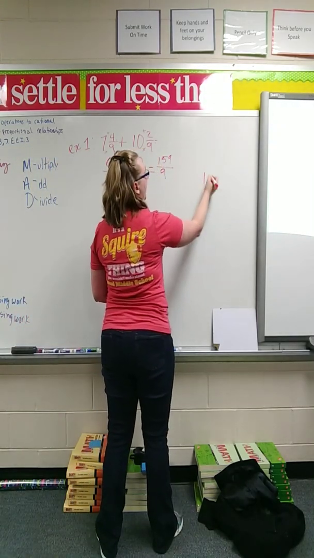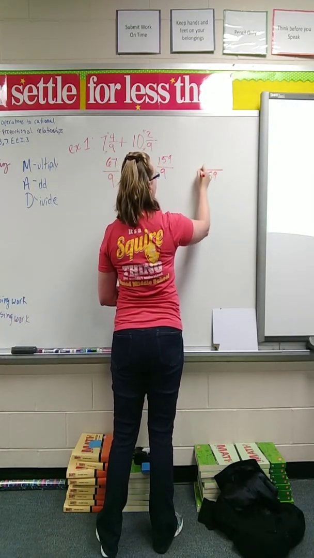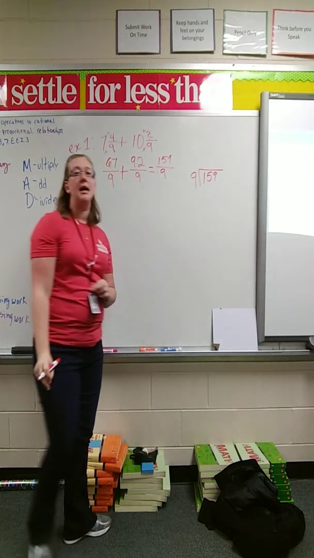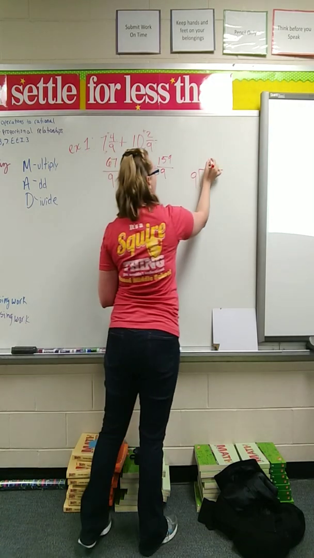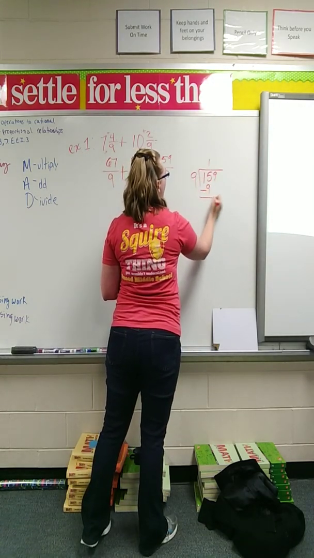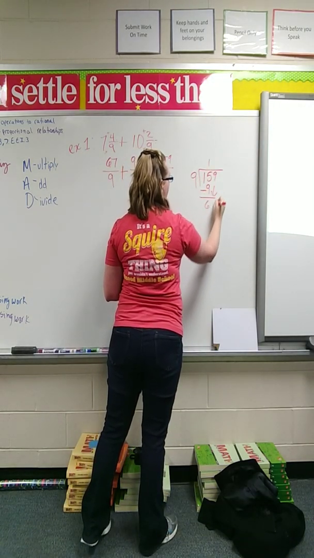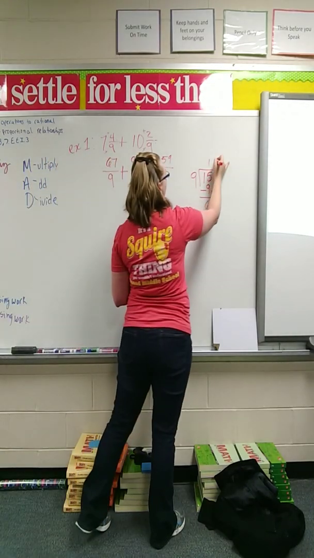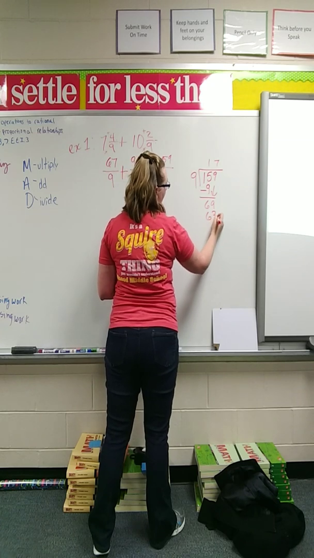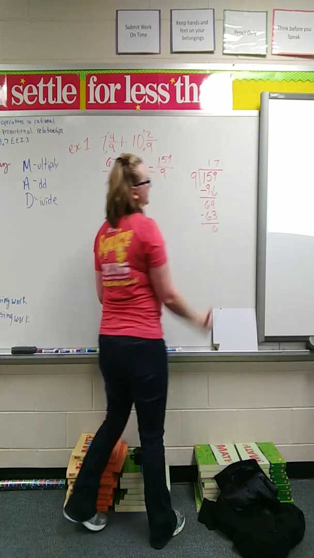To simplify, I divide. My numerator goes inside the house, my denominator goes outside. 9 goes into 15 one time. 1 times 9 is 9. I subtract and I get 6. I bring down my 9. 9 goes into 69 7 times. 7 times 9 is 63. I subtract and get 6.